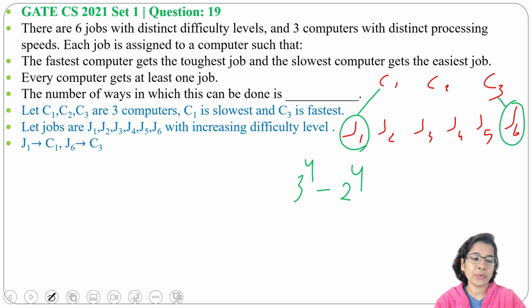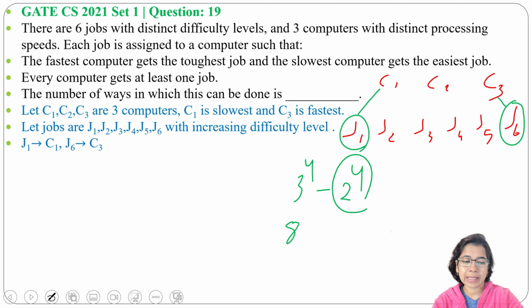3 power 4 is when we are assigning these 4 jobs to the 3 computers, and 2 power 4 is when we are assigning these 4 jobs to just 2 computers, C1 and C3, not C2. 3 power 4 is 81 minus 2 power 4 which is 16. 81 minus 16 is 65.